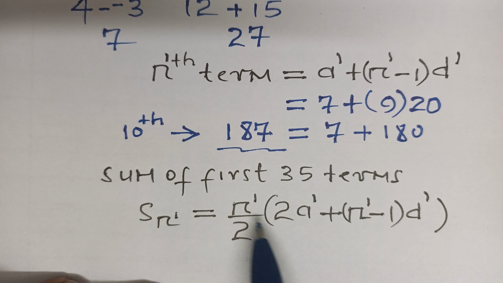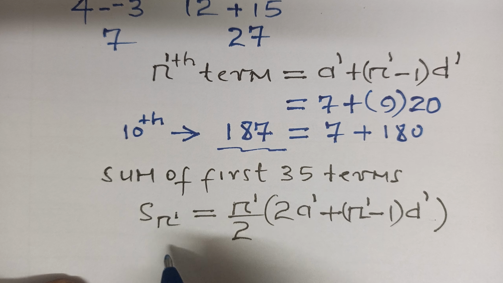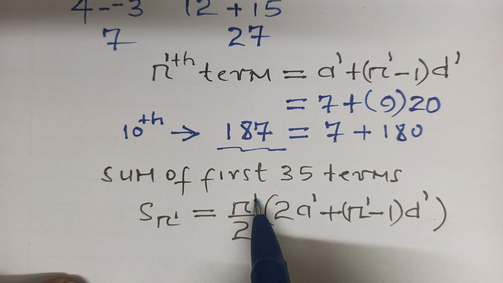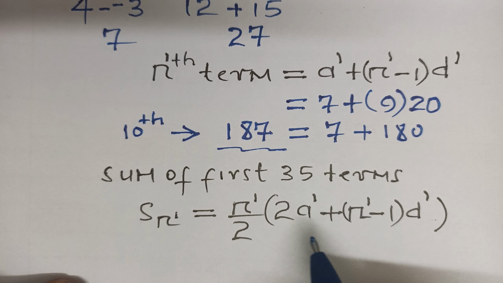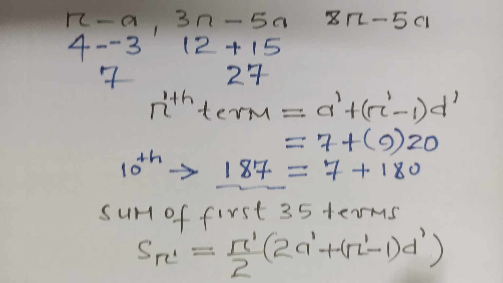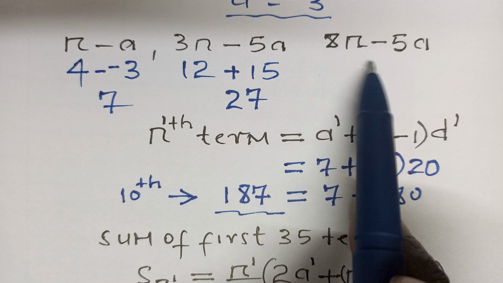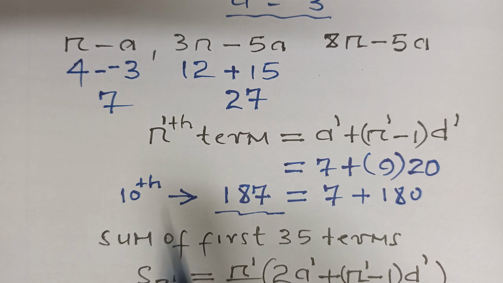The next thing is to find the sum of the first 35 terms. We have the equation here, and just as I have said, I have changed this to read prime so as not to confuse it with what we were given in this series.